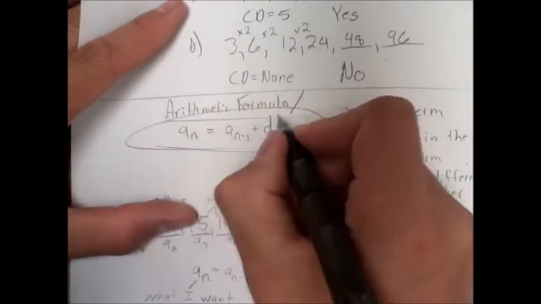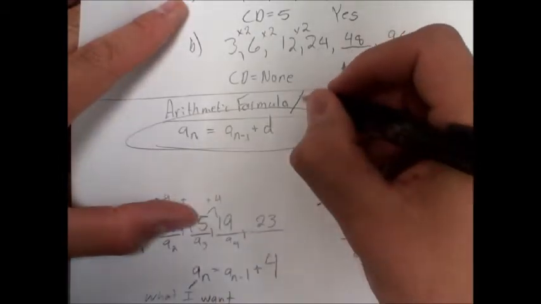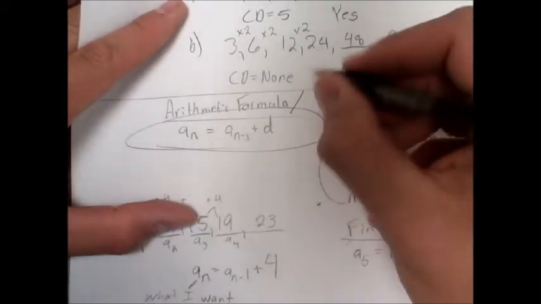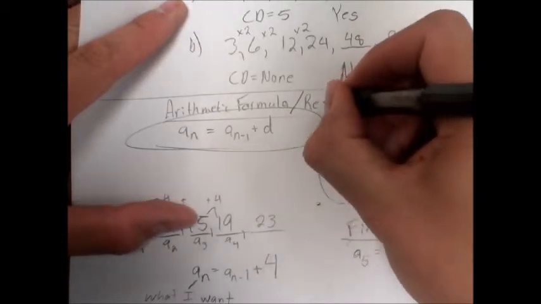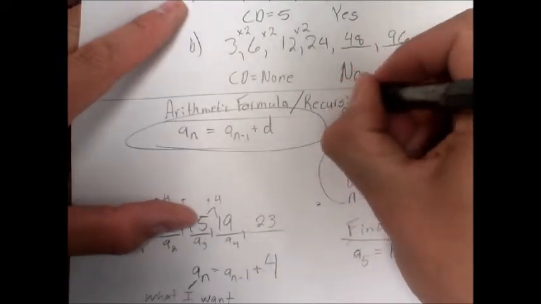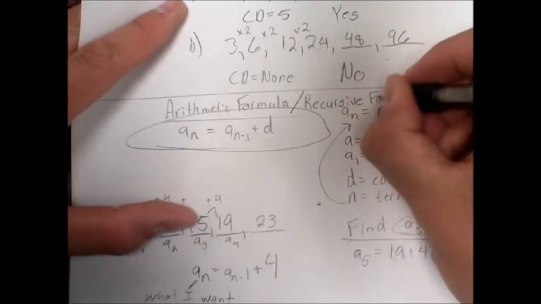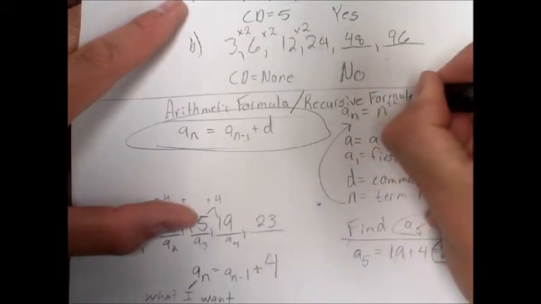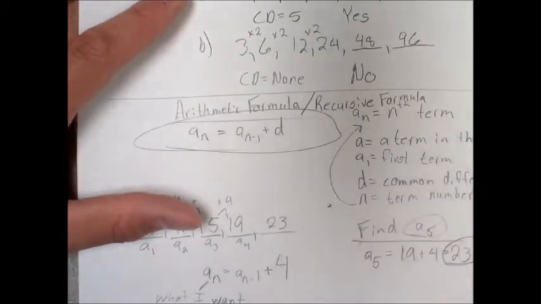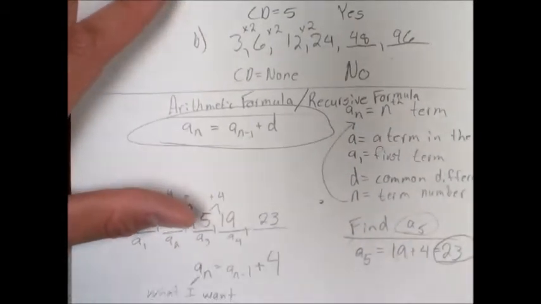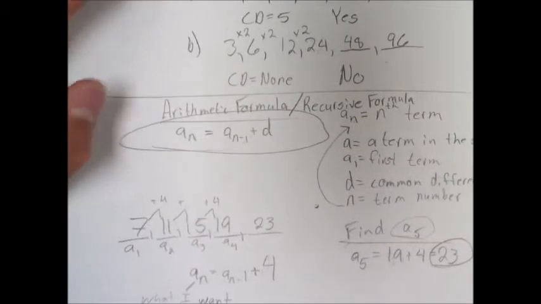The arithmetic formula, they will also call it the recursive formula. So add that to your notes. There is a formula that will allow you to find any term in a sequence, whether it's 100 away or 50 away or 2 away. It'll allow you to find any of them, and I like that one. I thought it was a recursive, but my definitions are mixed up. So we're going to use what they gave us.